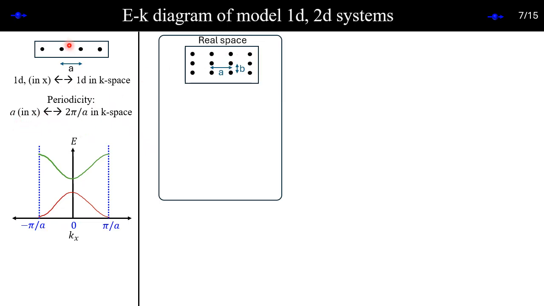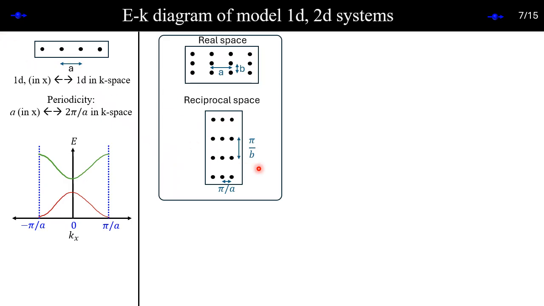Yeah, that's the answer: an inverted rectangle, because the reciprocal vector is pi by a. So if a is longer, then this will be smaller. Anyway, you can work it out, but that's what you'll have. This is just an extension of this. If you have one chain, and now you have more chains, then I think it's evident.